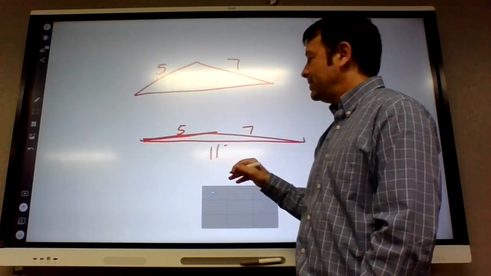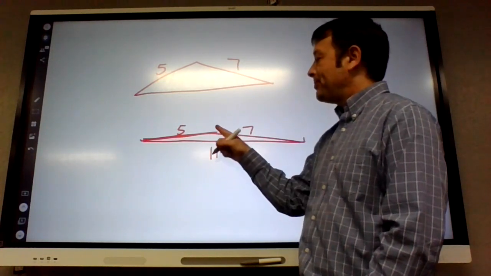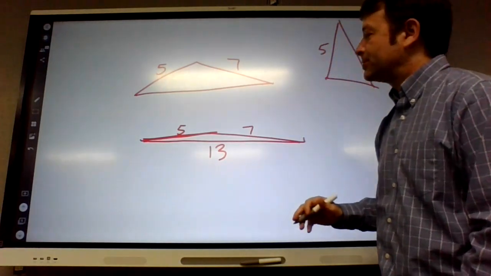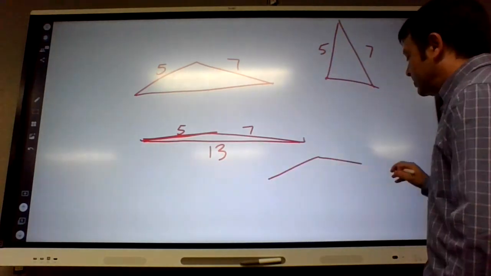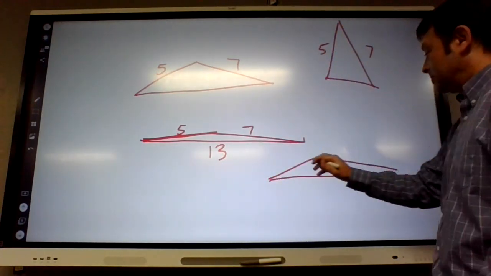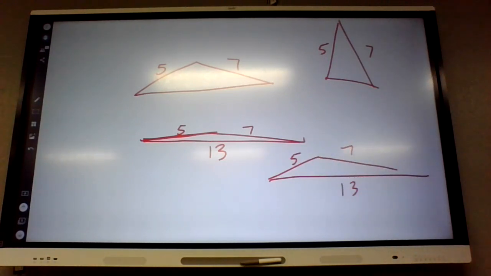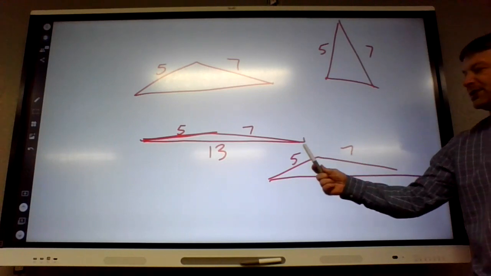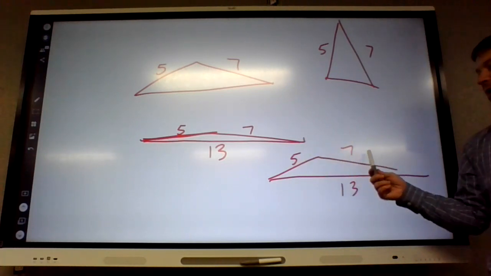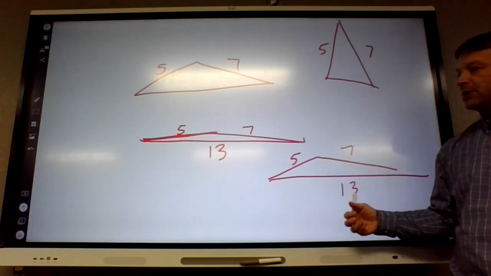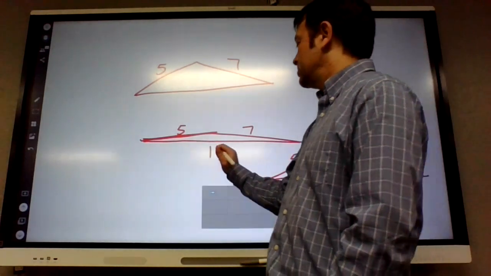So 11, yes, that's possible. 13, not possible. If it was 13, it would be kind of like this: 5, 7, 13. It wouldn't make a triangle. So the rule is the two shorter sides of any two sides in a triangle together have to add up to more than the third side.